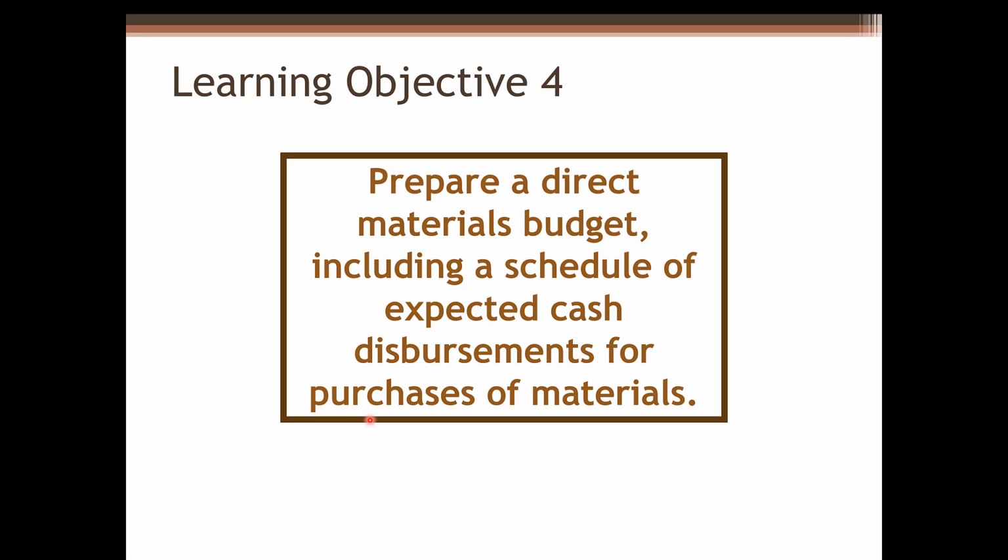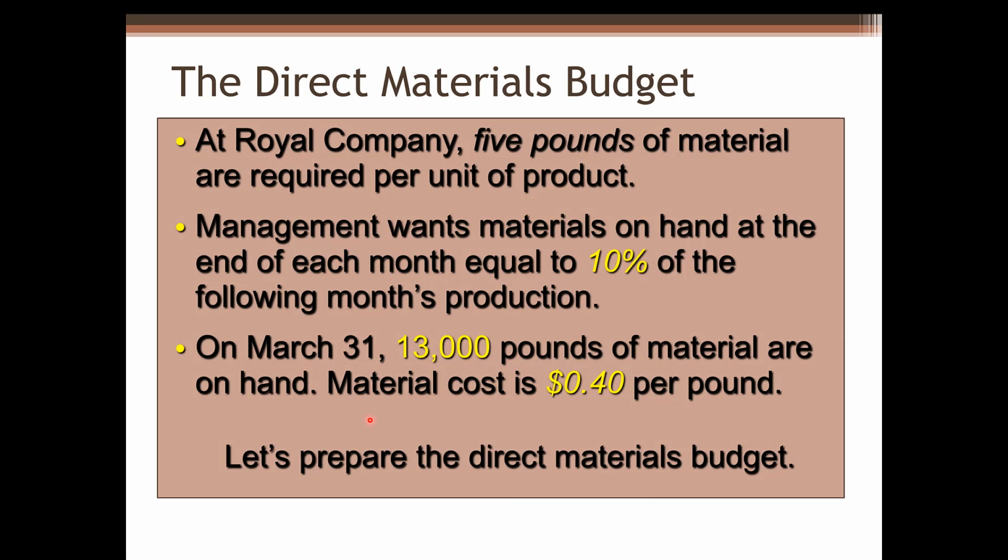Let's take a look at how to prepare the direct materials budget, including the schedule of expected cash disbursements for purchases of materials. At Royer Company, 5 pounds of material are required for each unit of a product.